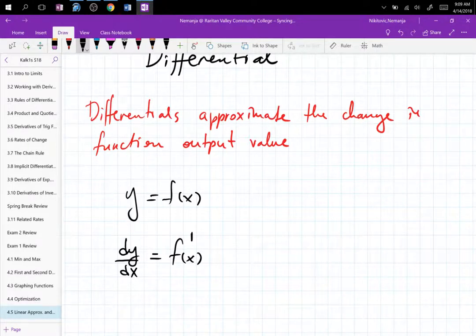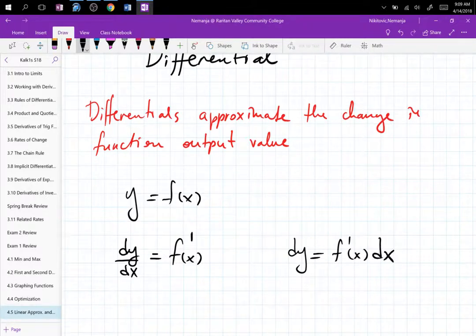This is just writing things down. We haven't actually done anything special. And now what we are going to do is move dx to the right. So now we're going to have dy equals f prime of x dx.